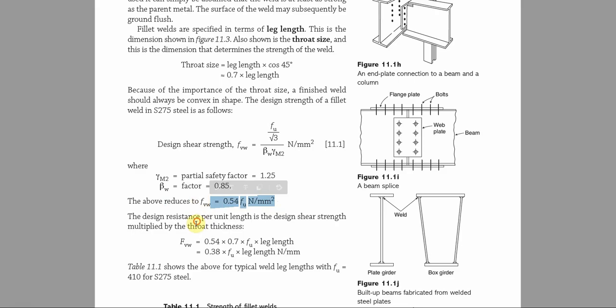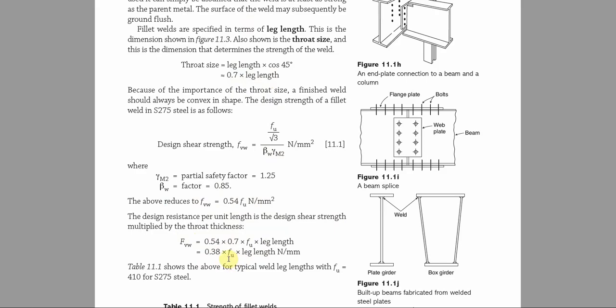Now, the design resistance per unit length is the design shear strength multiplied by the throat thickness. And as you know, the throat size is 0.7 times the leg length. So definitely our design shear strength will now be equal to this. If you multiply this by this, you have 0.38 like that.